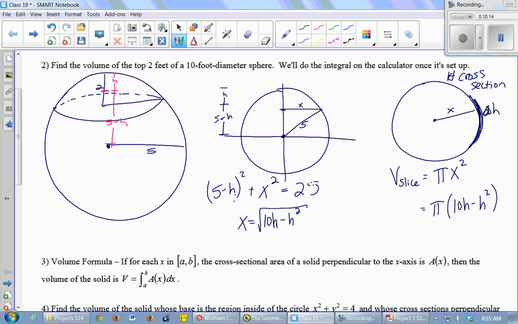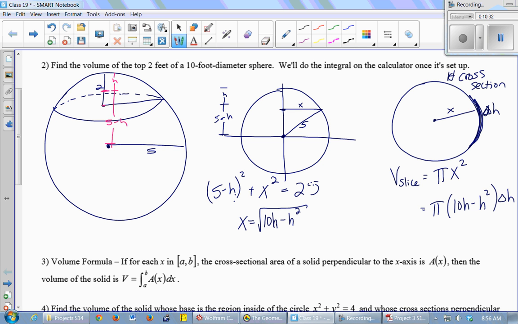Okay, so lastly, I now know what all my cross-sectional volumes are. Delta h multiplied by the width of the disk. I know what all my cross-sectional volumes are, and then I'm going to stack them up and add them all up.